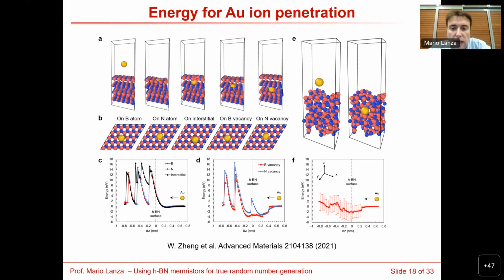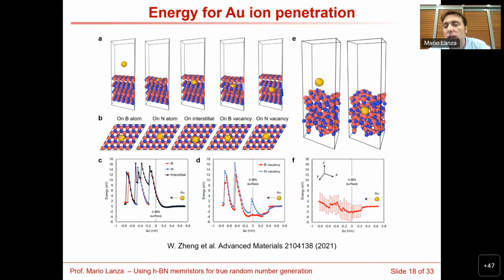If this material has one little defect, like a boron vacancy or nitrogen vacancy, you see it can penetrate the top layer much more easily. And after that, it also reaches the second layer, which has no defects, and it reaches 15 electron volts.